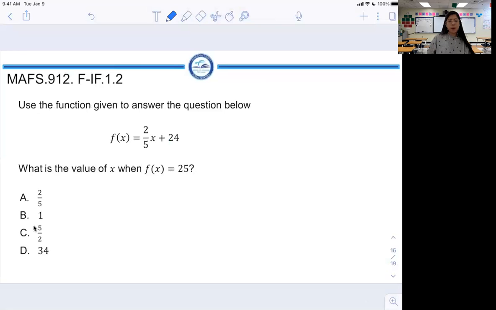So what am I doing here? Am I plugging in 25? No, right? Because that's not my input. 25 is my output. So instead of plugging in 25, what should I do with that 25?